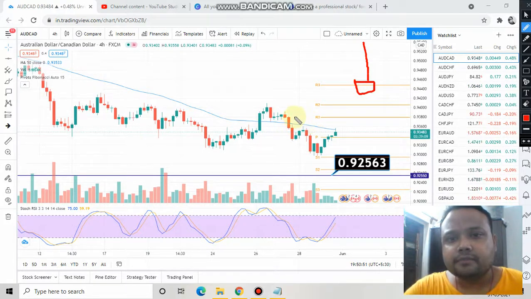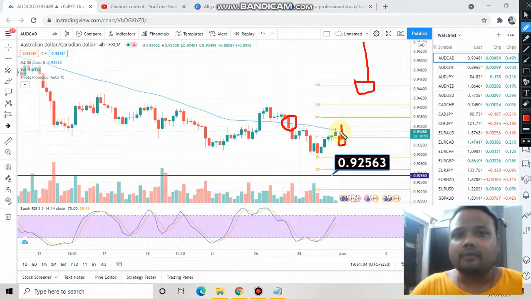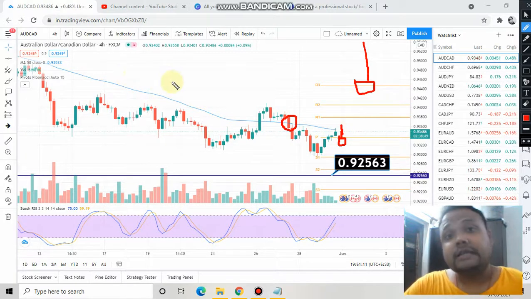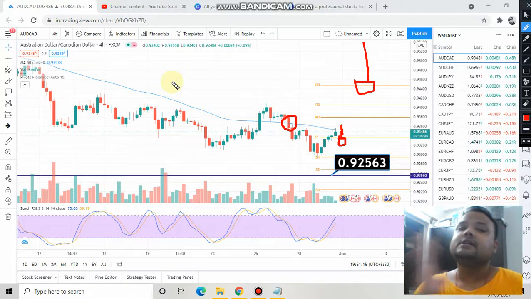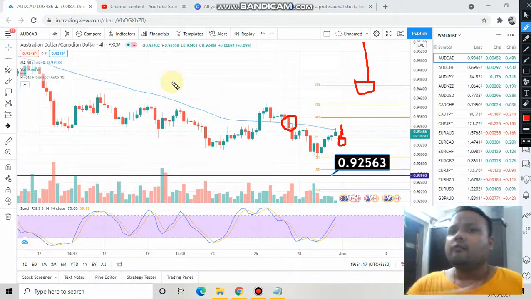If the next candle is a red candle like this, or another candle with price rejection from above, or a shooting star kind of pattern, then we'll get confirmation that yes, the 50 moving average is still a valid resistance, which has not allowed the market to go up for a long period of time, and you can short the market.